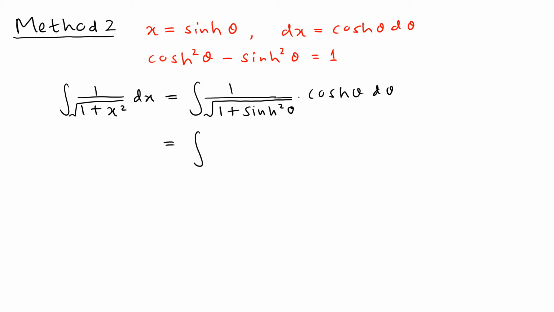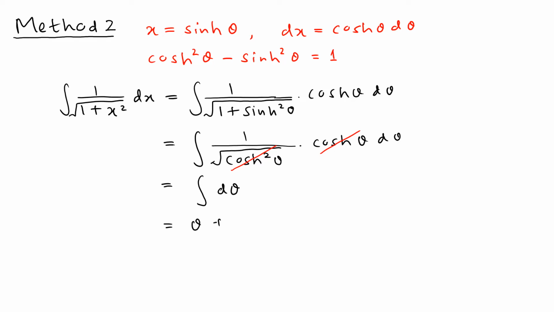Because of the hyperbolic identity, 1 plus sinh squared theta is simply cosh squared theta. Once you take the square root, this is cosh theta, and then times cosh theta d theta, they cancel out, and you just get d theta. So this is simply theta plus c.